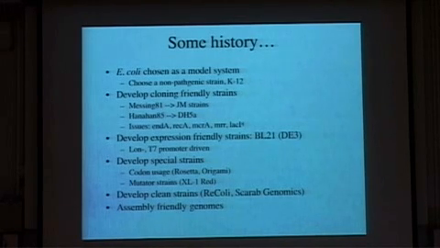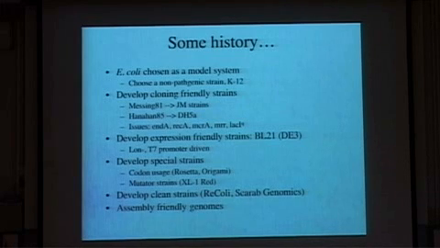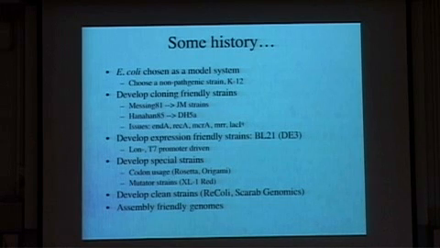All of those things happened. We developed expression-friendly strains a little bit later, strains that we could induce in a reliable way with high yields, and which were protease deficient.